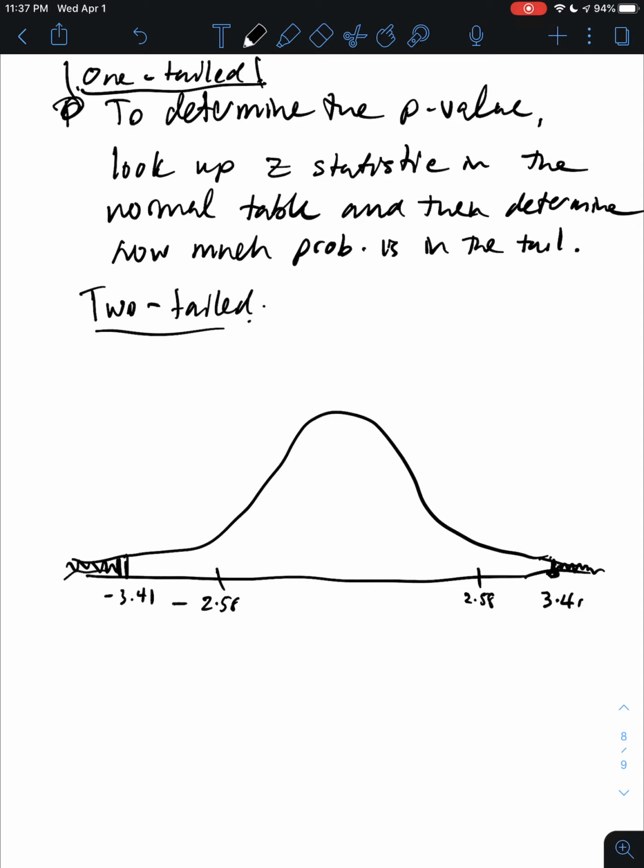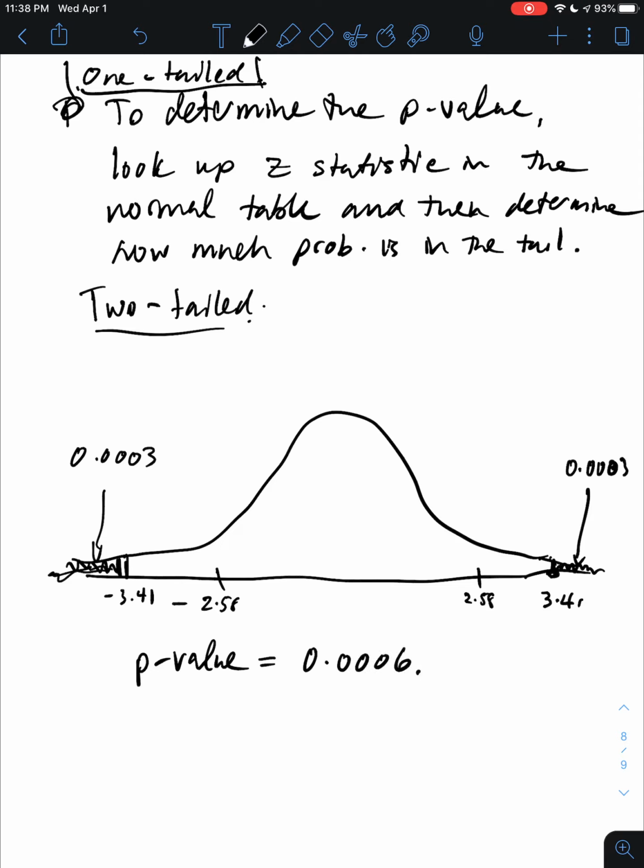And now I'm going to add these two tails, these two probabilities up. So we've already calculated that this one is 0.0003. So this one is mirror image. It also has to be 0.0003. And so in this case, the p-value is 0.0006.